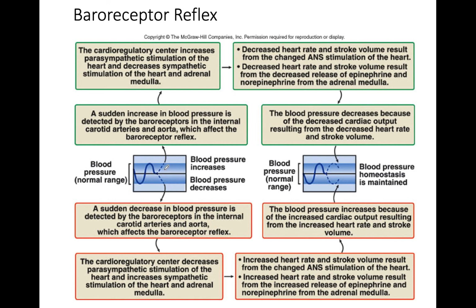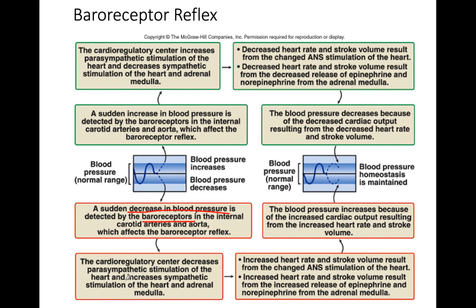So let's say there's a sudden drop in your blood pressure for whatever reason. What kind of receptor senses that? So if you have a decrease in blood pressure, the baroreceptor senses that. The baroreceptor will send a signal to your brain, and because blood pressure dropped, your brain says, hey, that's not good. If blood pressure dropped, we might not be getting enough blood to the rest of the body. So what nervous system response can I then start to get more blood pumping faster to the rest of the body?